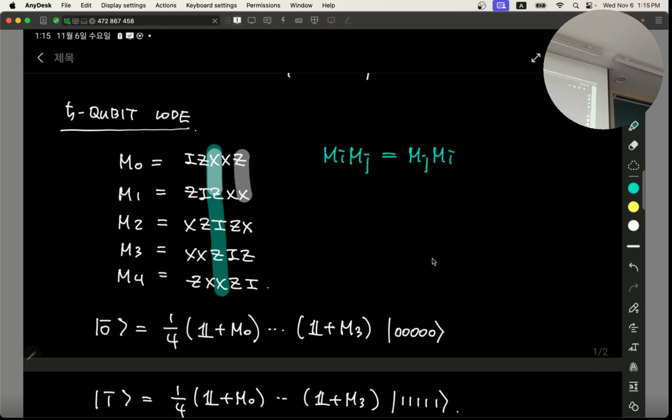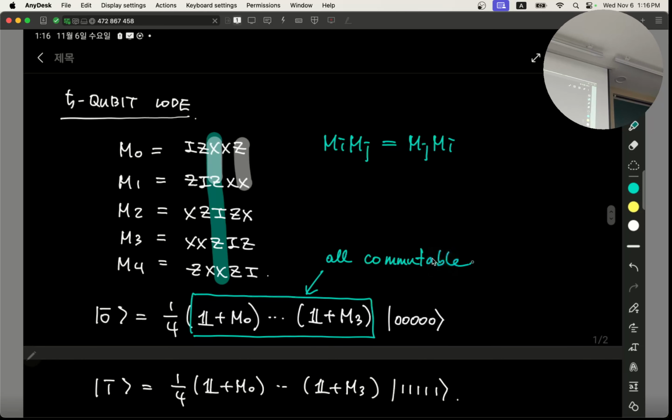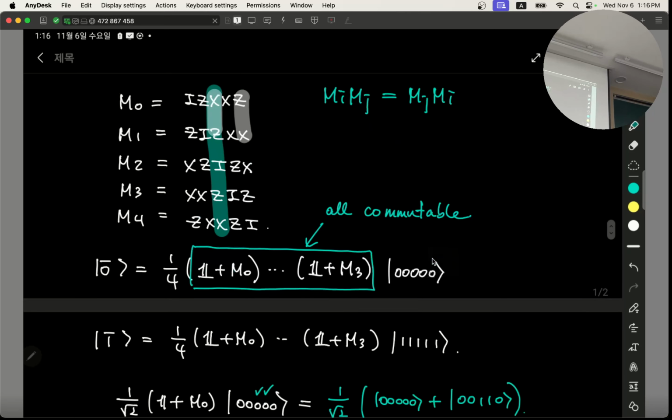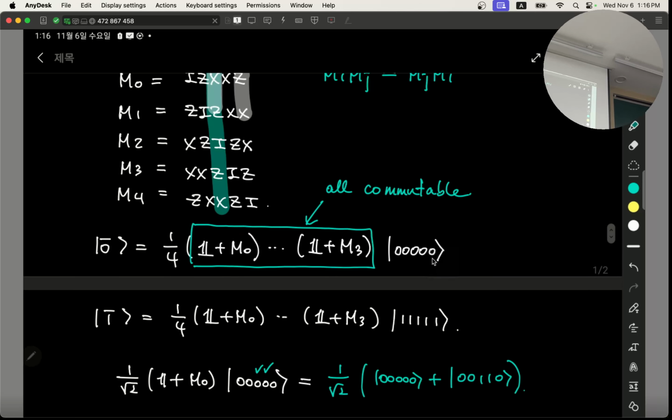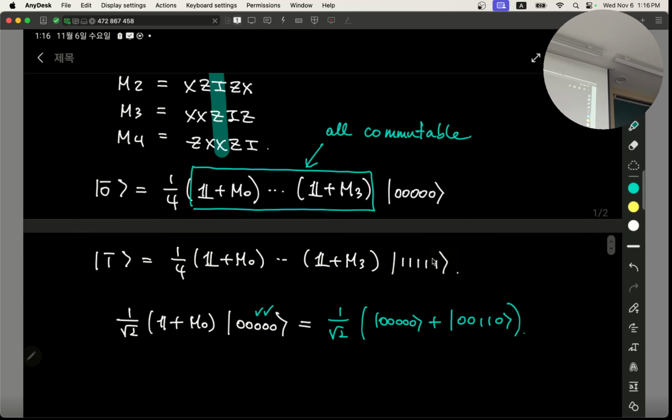In this case, you can interchange the order of action of these gates, whichever order you want. So these are all commutable. So you can actually apply 1 plus M0 first, and then apply the rest of the parts next.